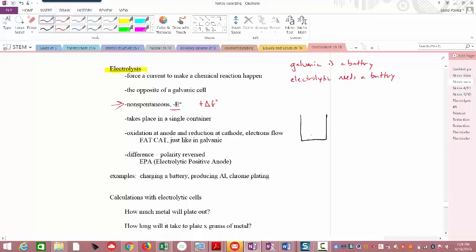for our galvanic, we had two containers with a salt bridge. Here you would have your two electrodes in the same container and the wires hooking them to a battery.